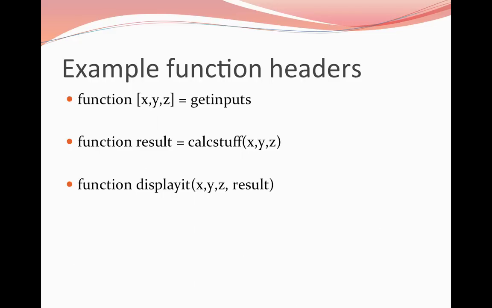Our function calcstuff is going to receive the values of X, Y, and Z and use them to calculate a result. And our function displayIt is going to receive 4 input arguments, X, Y, Z, and result, and it's going to display them in some nice formatted way. So notice in that function header we don't have any output arguments because the function's not returning anything. It's just going to display all of the values from the script. So our program would consist of the script and then these 3 functions. Again, these are just the function headers.